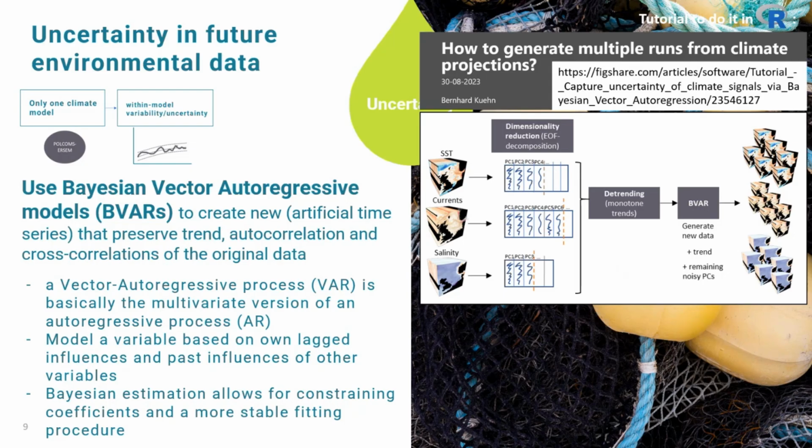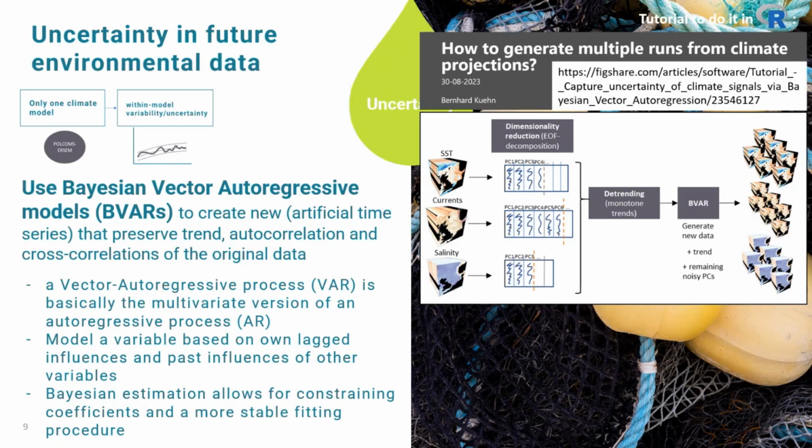So you decompose your environmental data, detrend it with monotone trends, and then calculate your vector autoregressive model on this dimension-reduced data, add back the trend, and add back also the remaining noisy PCs that we didn't use in the process, and then you can generate new environmental fields in this procedure.